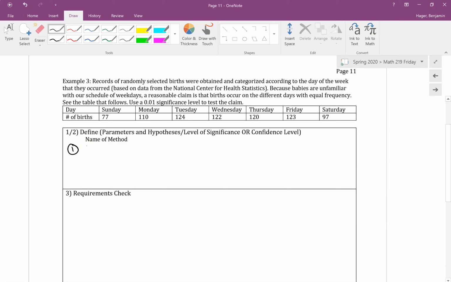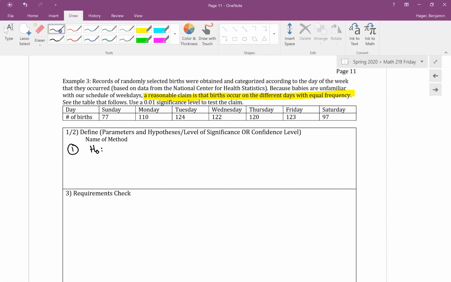Okay. So the null hypothesis, remember with the goodness of fit test, would be up here in this thing, and it says a reasonable claim is that the births occur on different days with equal frequencies.